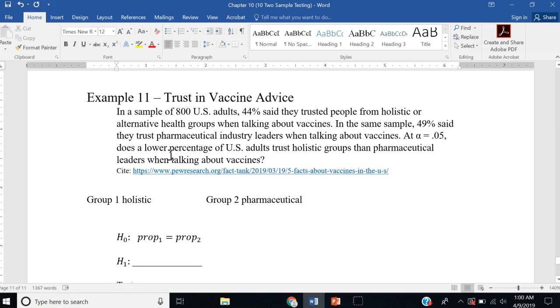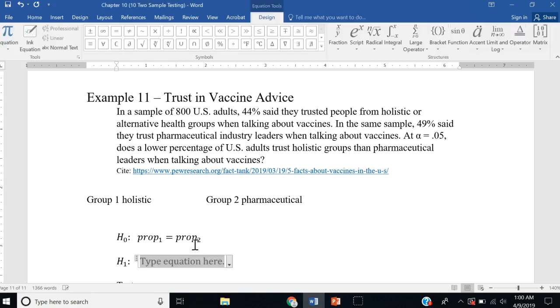Now we're saying, does a lower percentage of US adults trust holistic than pharmaceutical industry leaders? Since we called those who trusted holistic group 1, we're just asking, does a lower percentage?